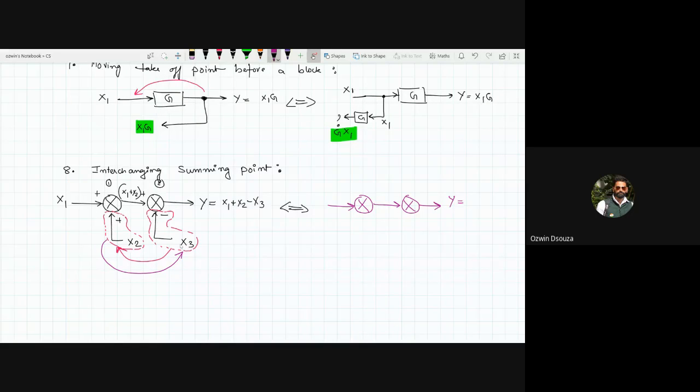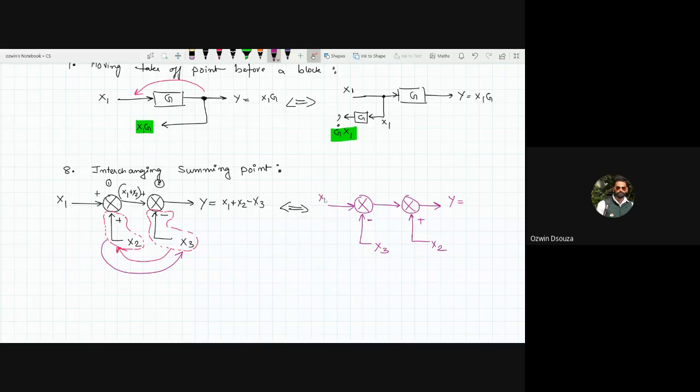So x3, we are pushing it in place of x2. So this is your x3 now. And in place of x3, you have x2. And remember, x2 has a positive sign, so I am keeping the same sign.